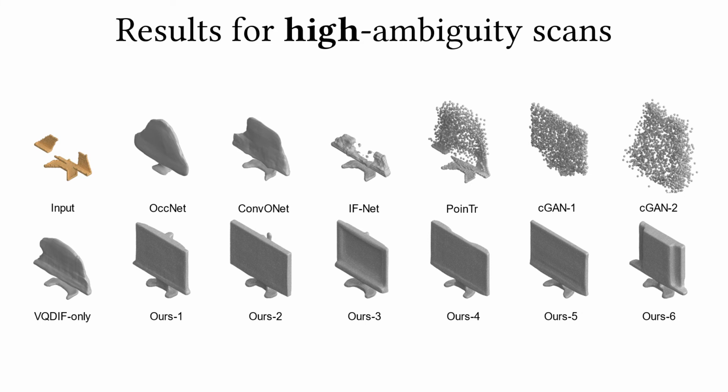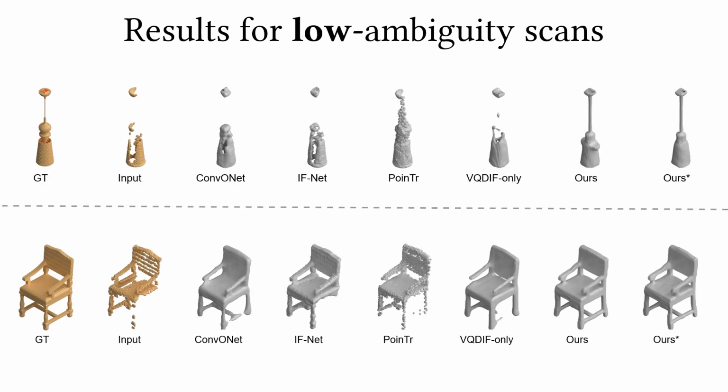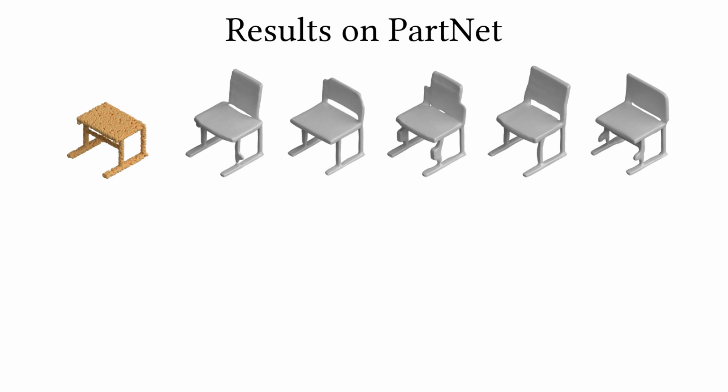The deterministic methods only predict a blurred-out shape, while ShapeFormer can produce multiple valid completions. Even for low-ambiguity scans, our methods achieve better quality. Here are the results on part-level incompleteness.